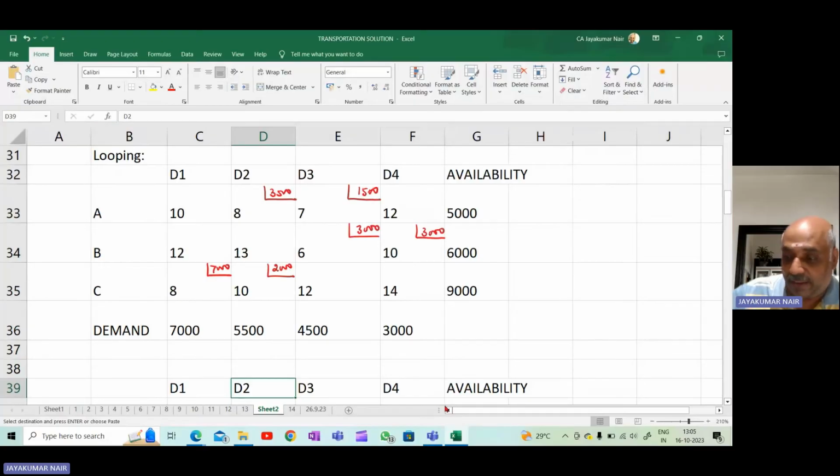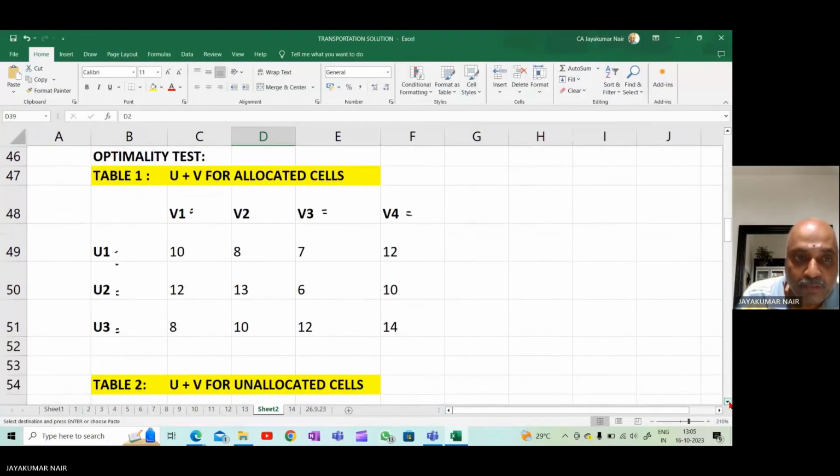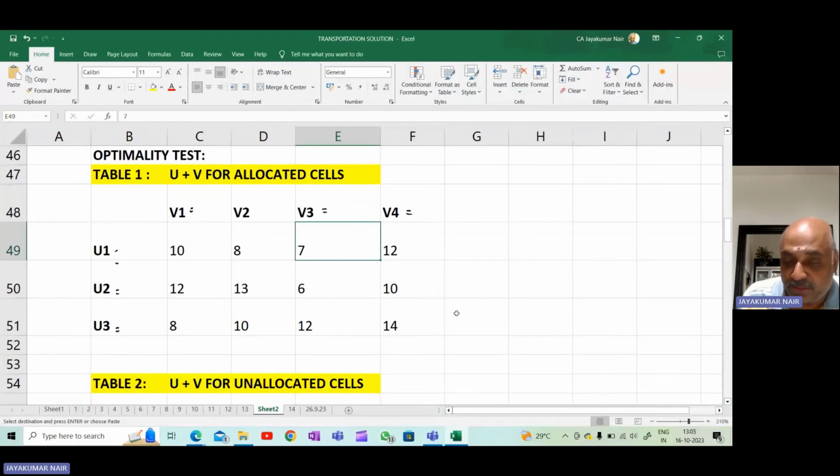And now again, we have to check whether the solution is optimal. Whatever we have done now, we have to check whether this is optimal or not. So the first step is table 1. We will have to calculate the U plus V values for the allocated cells.